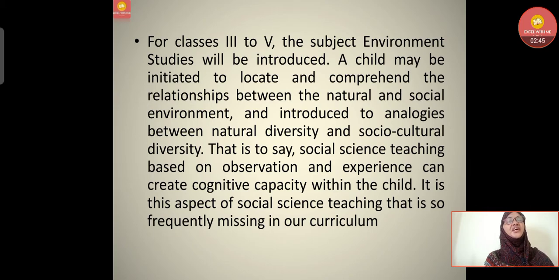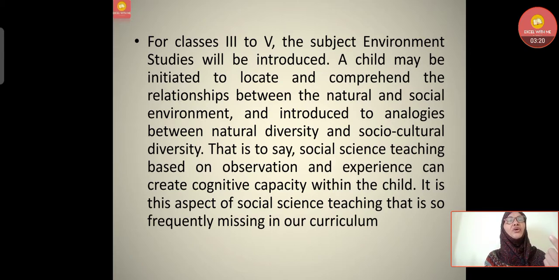For classes 3rd to 5th, the subject environment studies will be introduced. A child may be initiated to locate and comprehend the relationships between the natural and social environment, and introduced to analogies between natural diversity and social cultural diversity. Obviously, till 2nd class, they will have only languages and numbers, that is maths. From 3rd class to 5th class, environmental studies, that is both science and social studies, are included in one discipline.